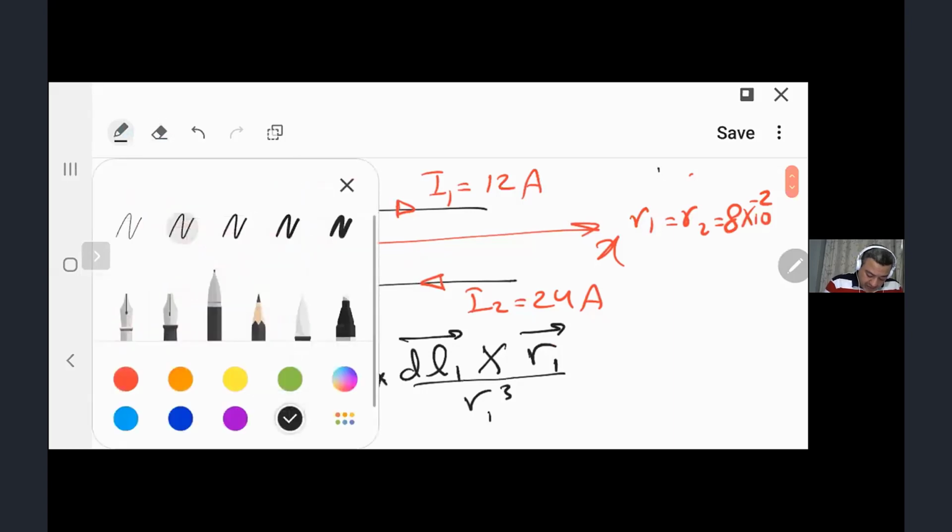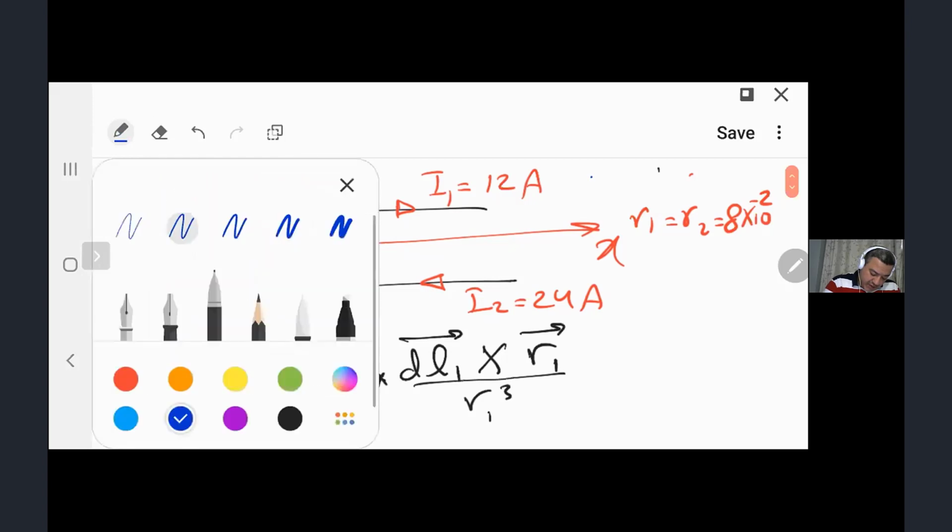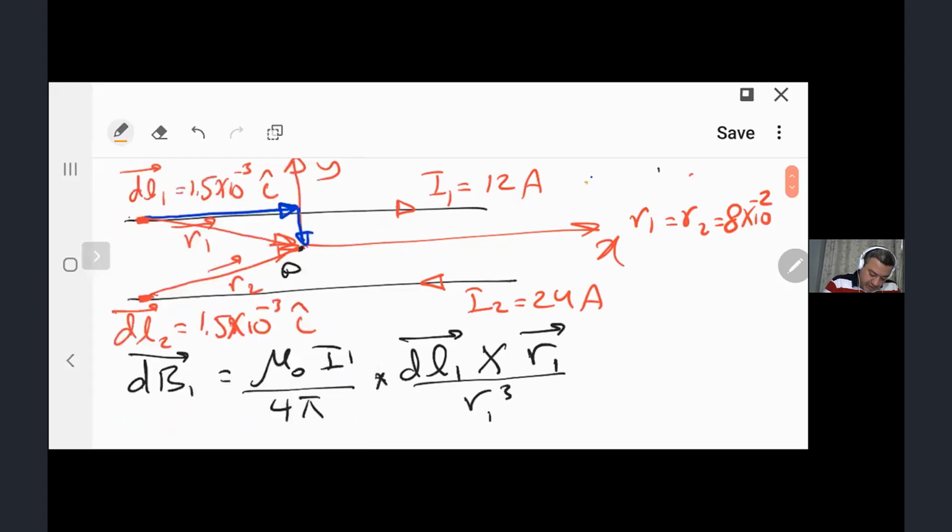Let me put that in a different color. R1 will be this vector plus this vector, and R2 will be this vector plus this vector. Now, this vector is the same for both, which is x i hat.